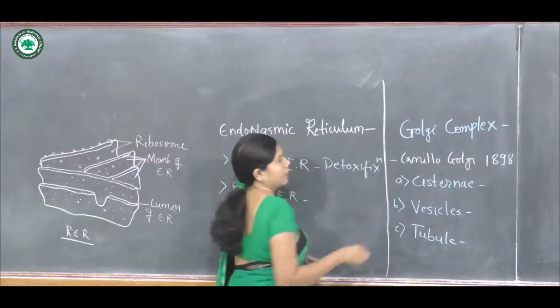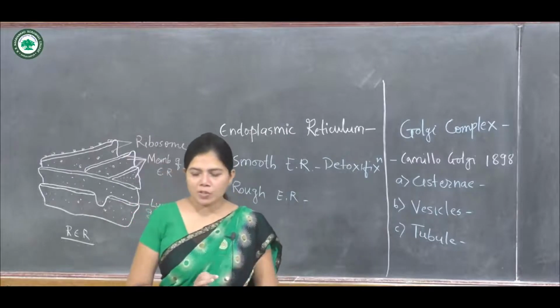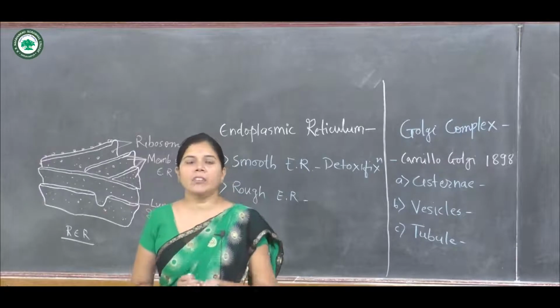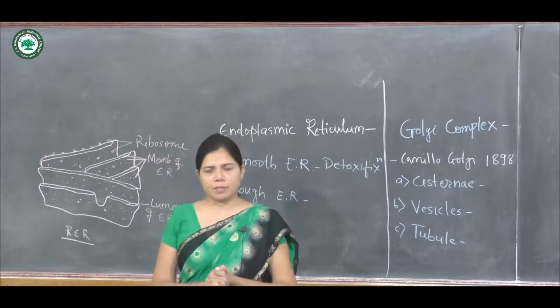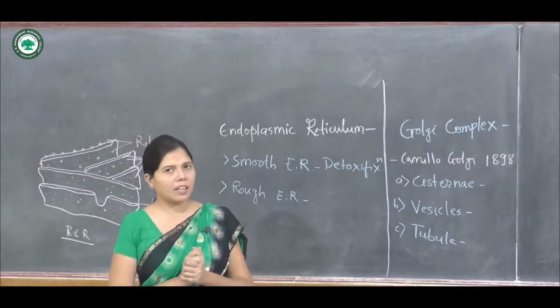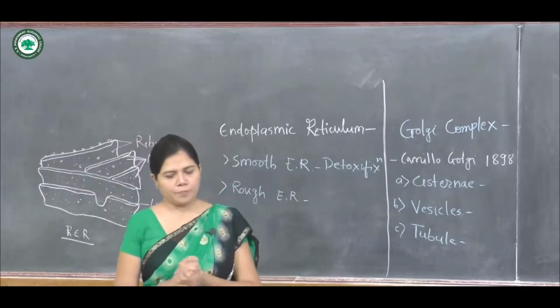Detoxification in the liver means harmful substances are converted into harmless substances, and this process is carried out in the liver with the help of the smooth endoplasmic reticulum.